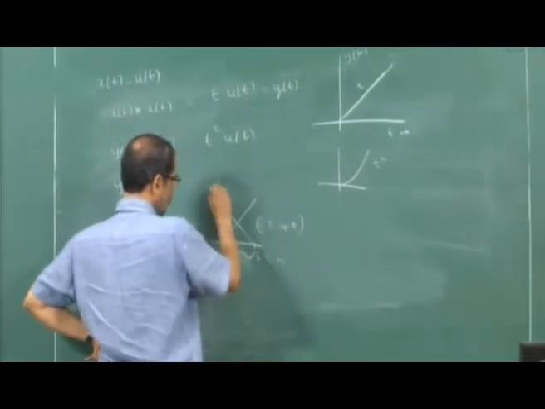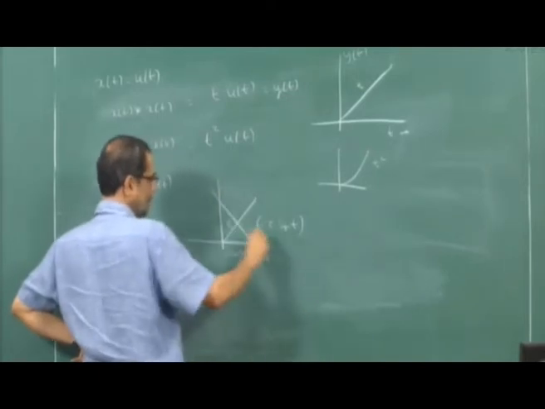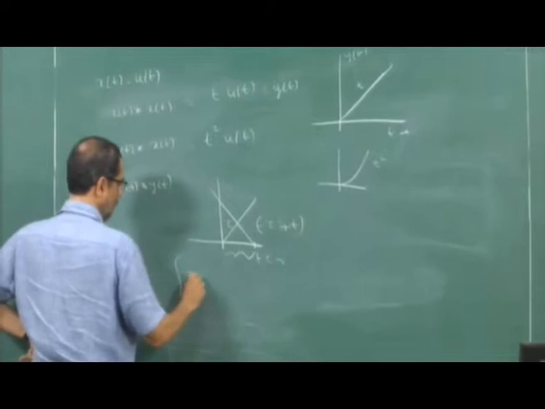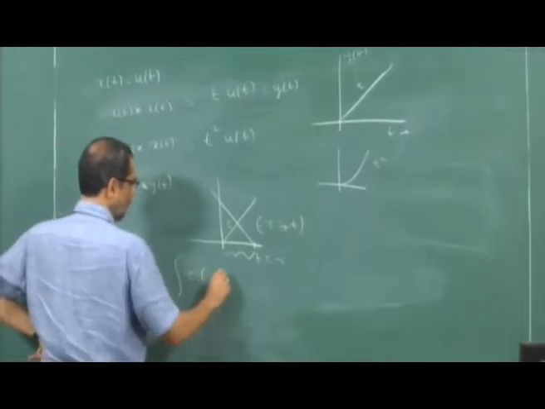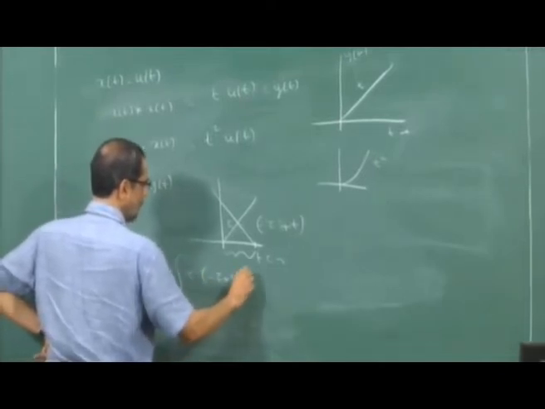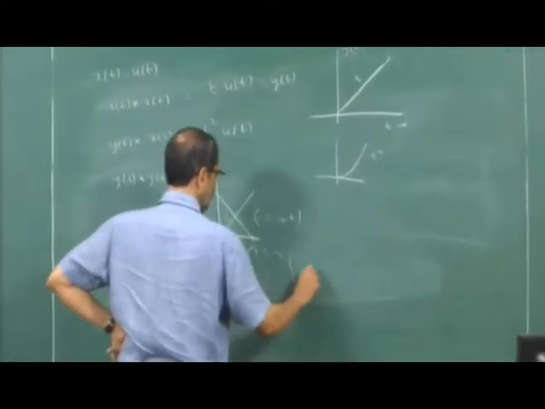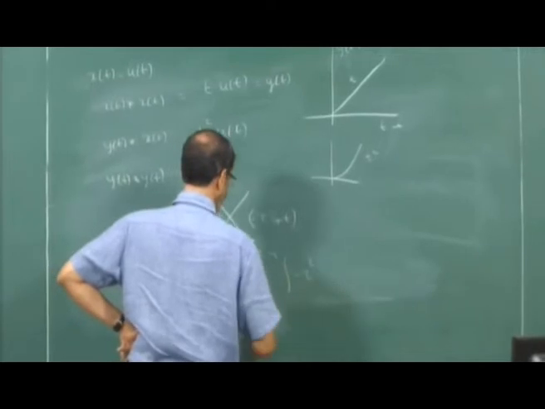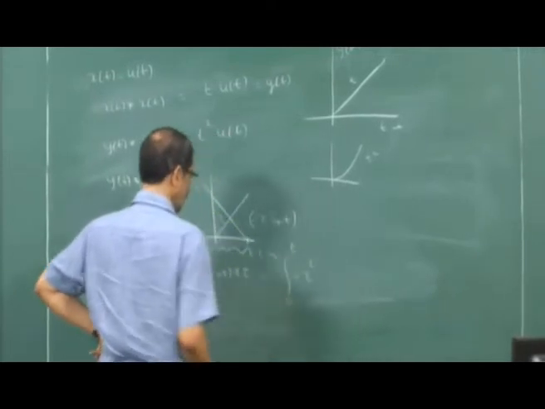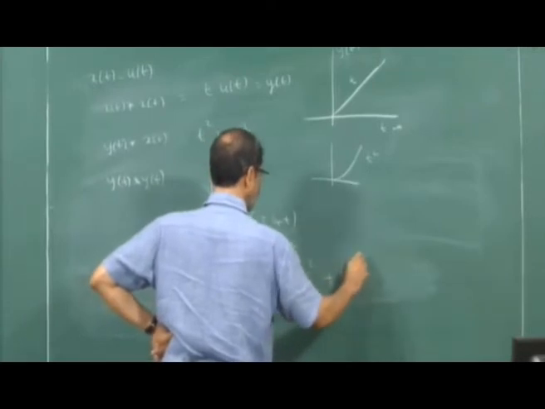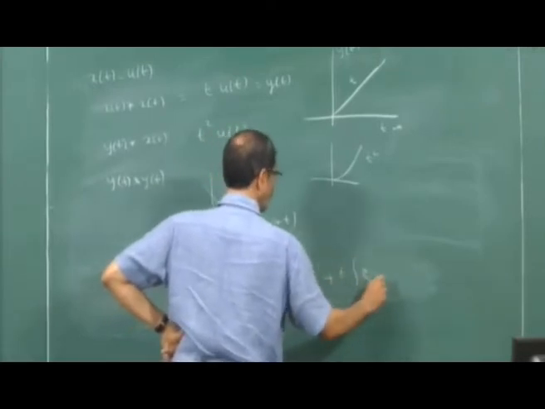That's the equation of this line. So you are convolving, so tau into minus tau plus t d tau, so that's equal to integration of minus tau square between 0 to t and plus t into tau d tau.